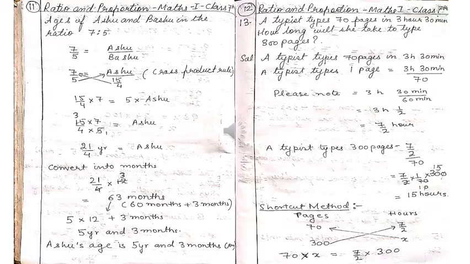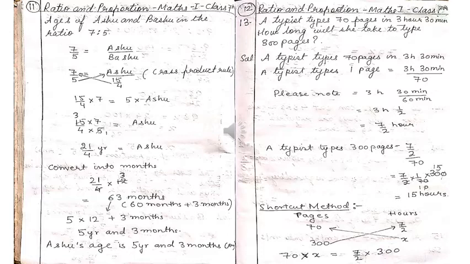Or either you can use x instead of Ashu, but I wrote the name Ashu. So here 15 into 4 into 7 is equal to 5 into Ashu. Now the 5 will go to divide with the term. So 15 into 7 upon 4 into 5. So cancellation is there. Now 21 upon 4 years is Ashu's age.